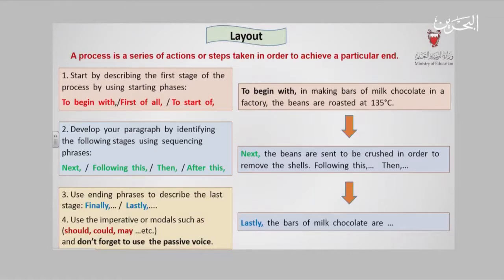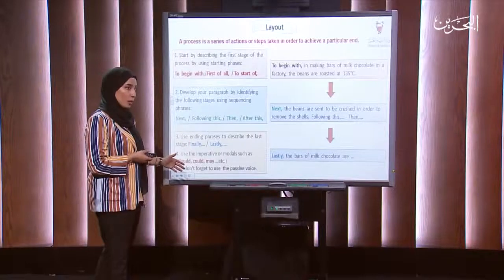When we reach the end, we usually use finally, lastly, in the end, and we should always recommend by saying should, could, may. And last but not least, never forget to use the passive voice in academic writing. So as we see, the writing is usually always the same: introduction, body, and conclusion.